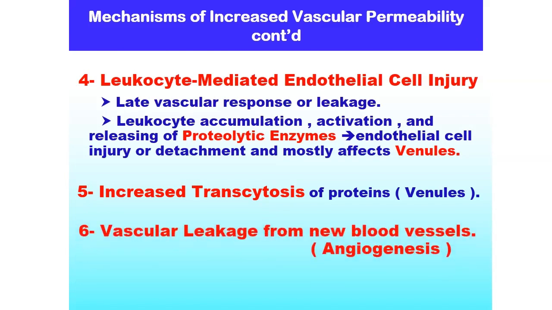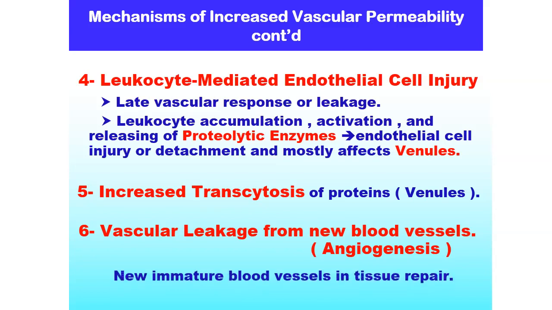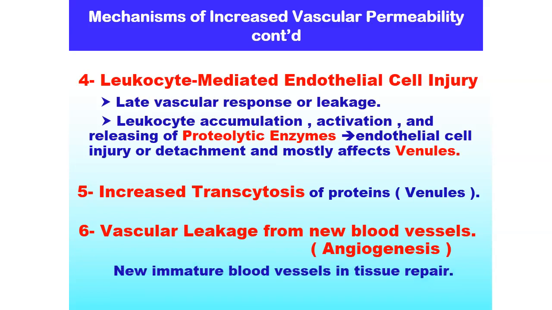The last mechanism of increased vascular permeability is vascular leakage that occurs from the walls of new blood vessels, which is called angiogenesis. Angio means blood vessels, genesis means formation.